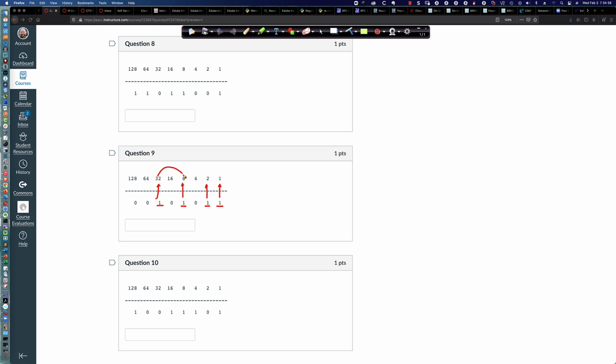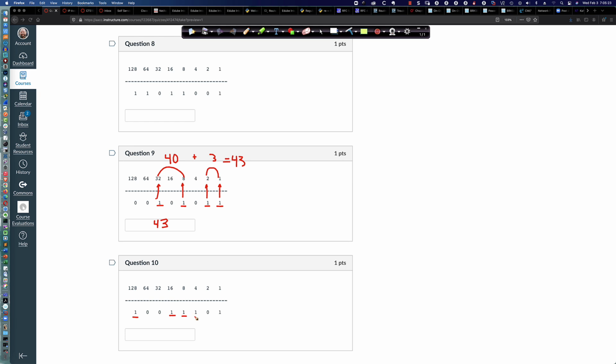So 32 plus 8 is going to be 40. And again, we probably don't need to work this out like this, but just showing you sort of a longhand here, it's going to give us 43. And you'll get to the point where you're able to simply look up here and say, 32 and 8 is 40, and then 2 plus 1 is 3, 43. That's my answer. Again, I'm just kind of showing you the longhand way to do it and the reasoning behind why we're doing it the way that we are.